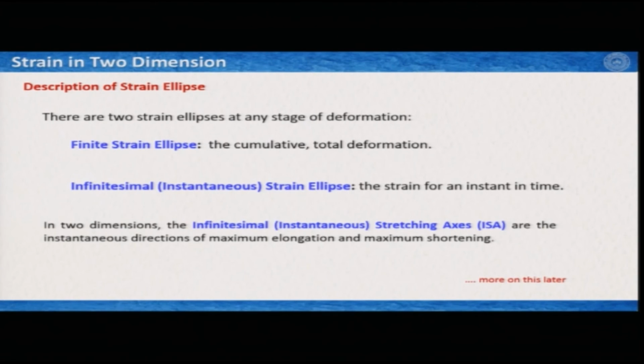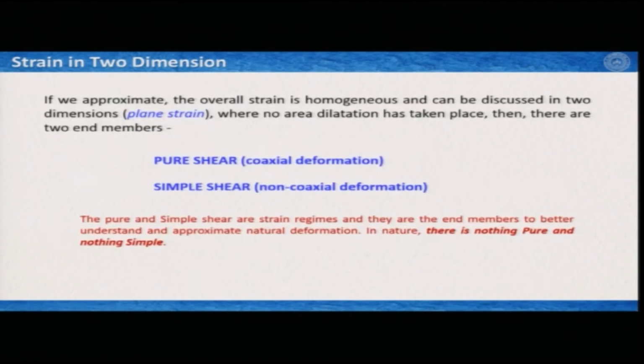Now in 2 dimensions there is also a term that we call the infinitesimal or instantaneous stretching axes, which are the instantaneous directions of maximum elongation and maximum shortening. We will learn more about it later. Finally, we will learn what pure shear and simple shear are.